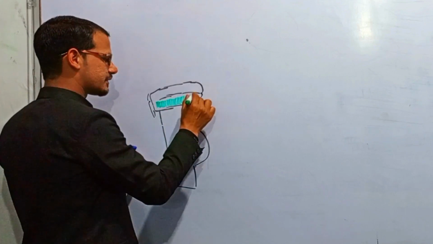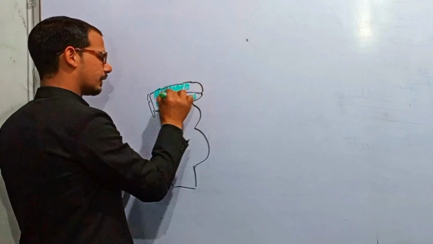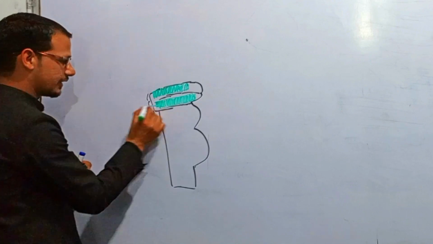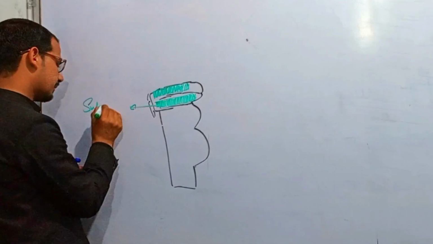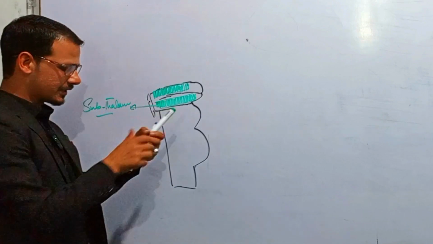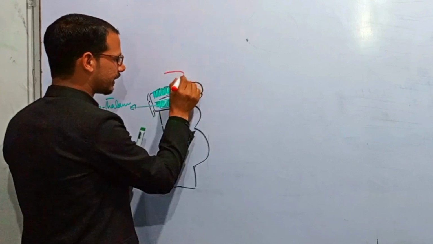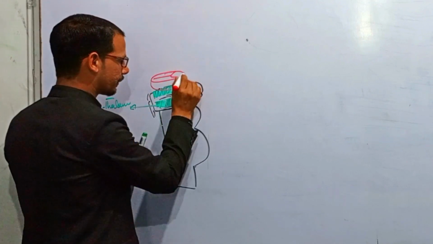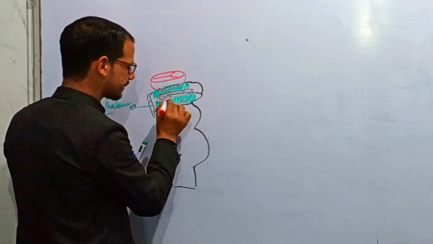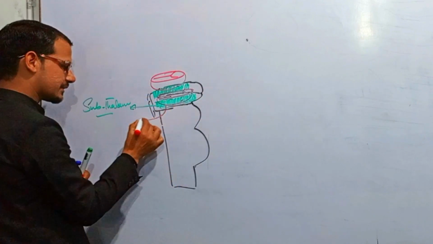This is the subthalamic sheet. This green is subthalamus. On subthalamus, we have two thalami. This is one thalamus and this is the other thalamus. This is called the thalamus.